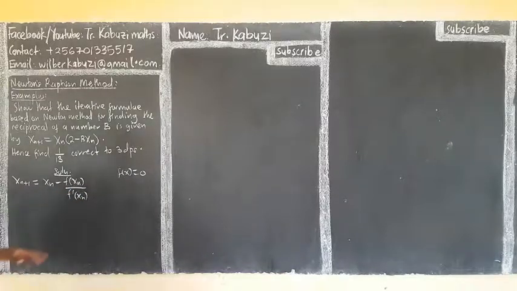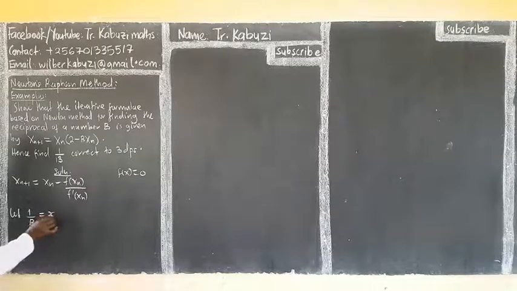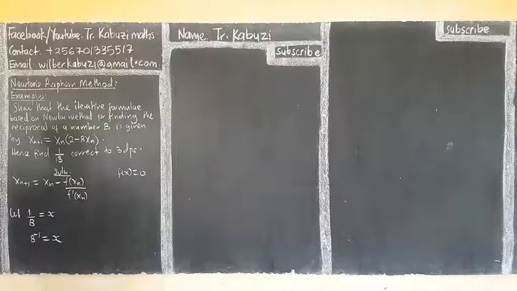So we need a function like this. So they are giving us a number. So we say, let the reciprocal, that is what we call the reciprocal of a number, be x. So when I take this up, I have b power negative 1 equal to x. Now I want this number to be with power 1.